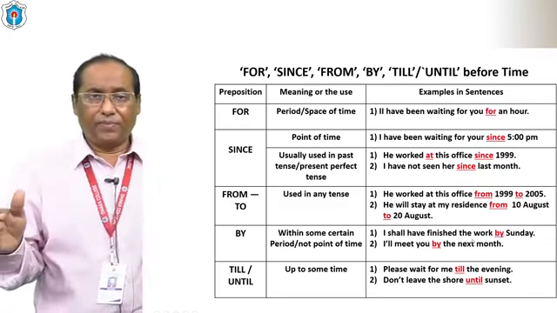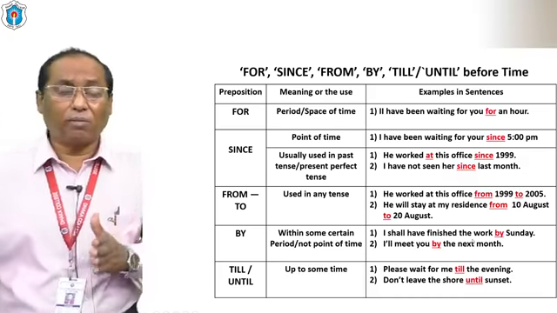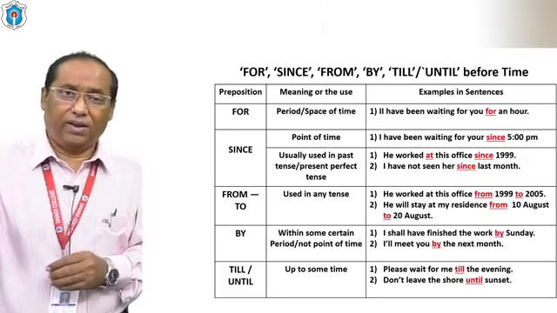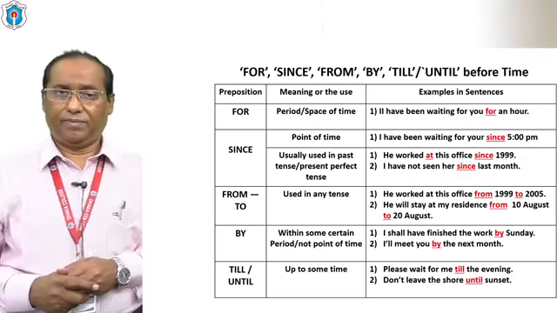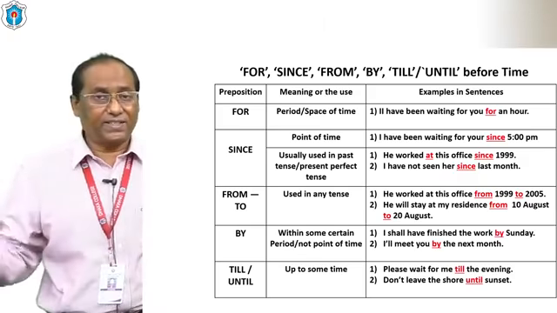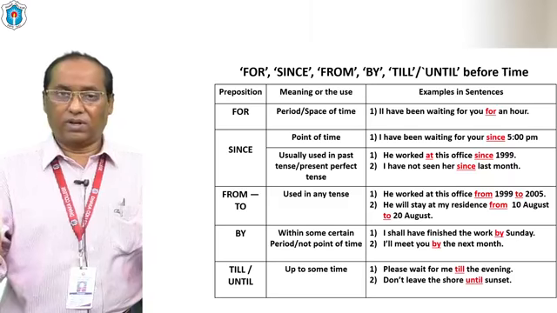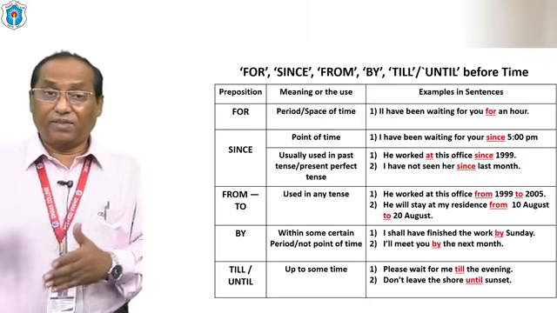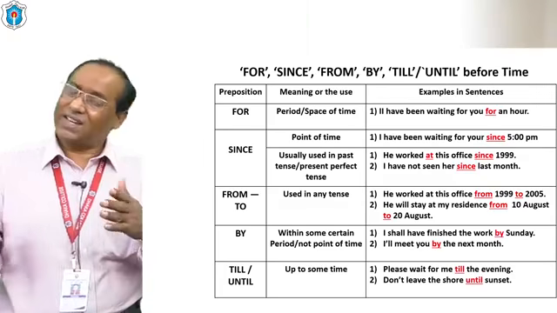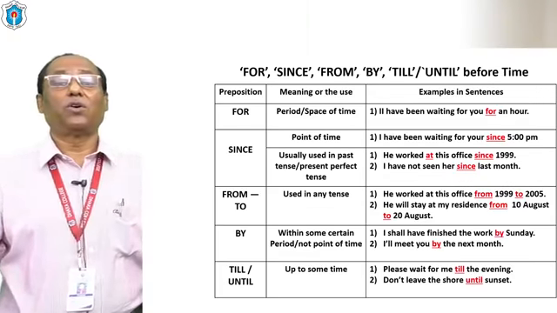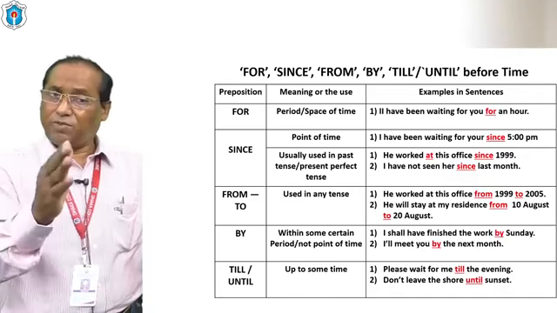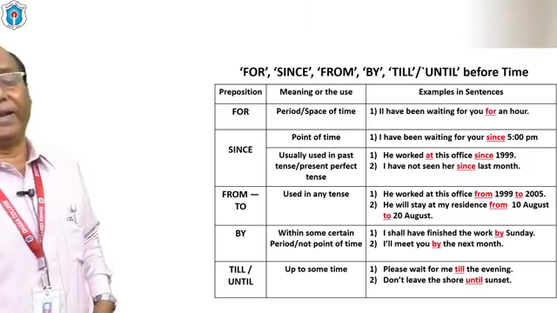If I say I shall have finished the work on Monday, it means I must do it on Monday, not before Monday, not after Monday, but on Monday. But if I say I shall have finished the work by Monday, it means I can finish the work on Saturday. I can do it also on Sunday, even on Monday. But it must be finished before Monday.